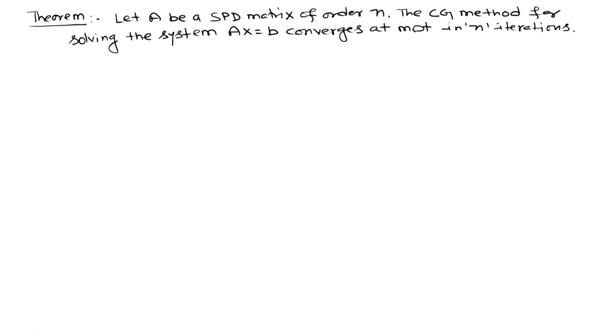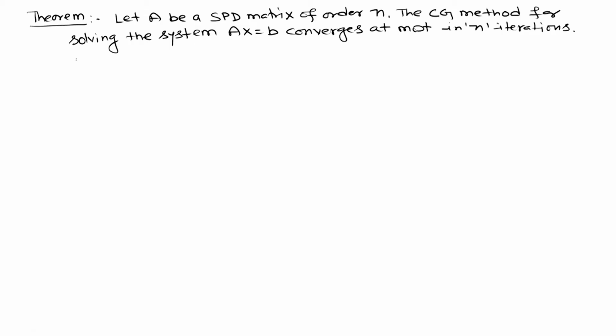So, the CG method will not take more than n iterations, it will take n or fewer, like in the case of the previous example which we took in the beginning of this lecture. The system was 2 by 2 and we took just 2 iterations to get the exact solution.